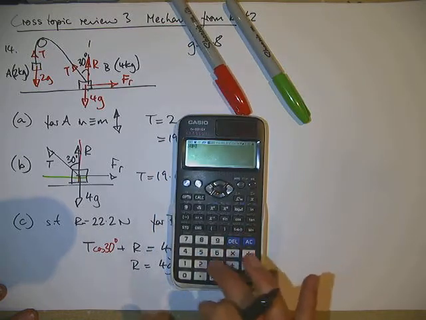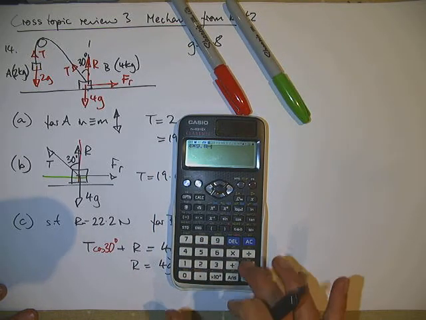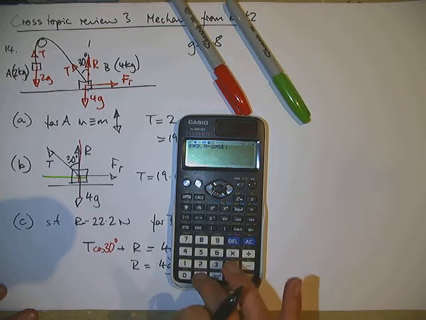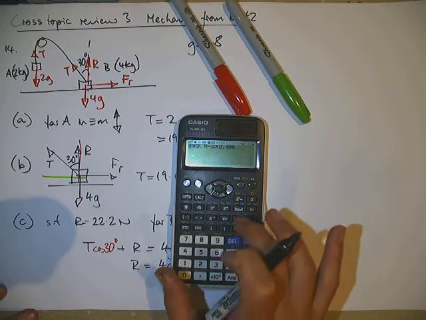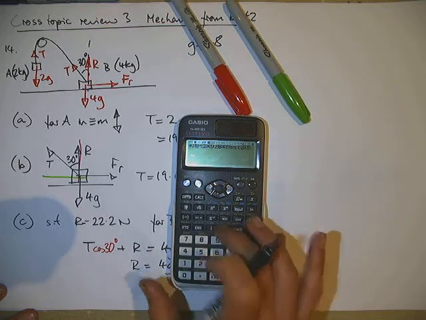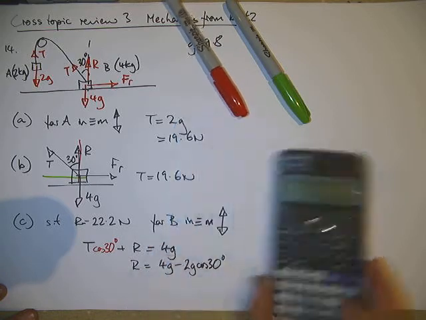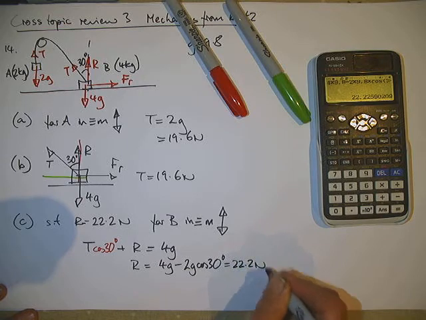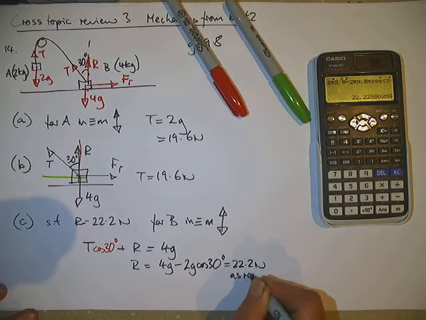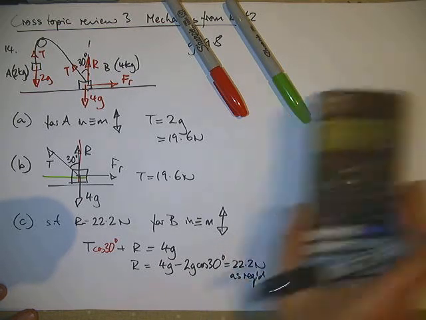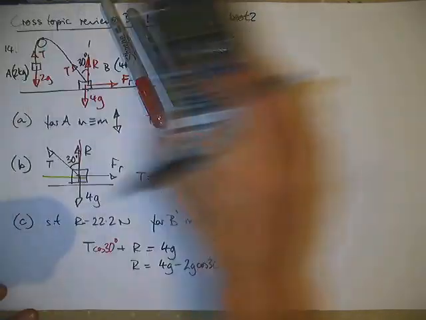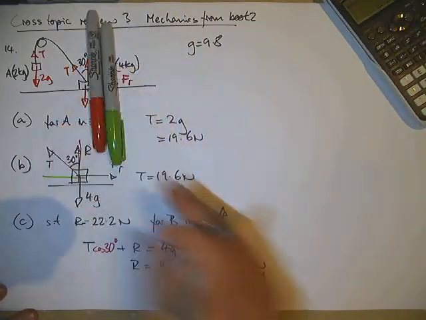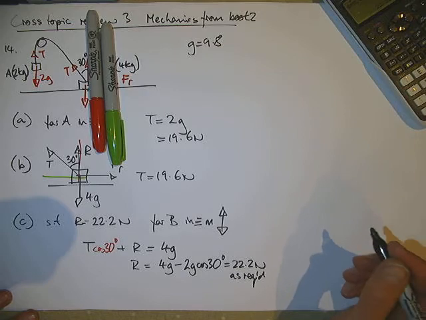So 4 times 9.8 take 2 times 9.8 times cosine of 30, 22.2 newtons as required. Good.